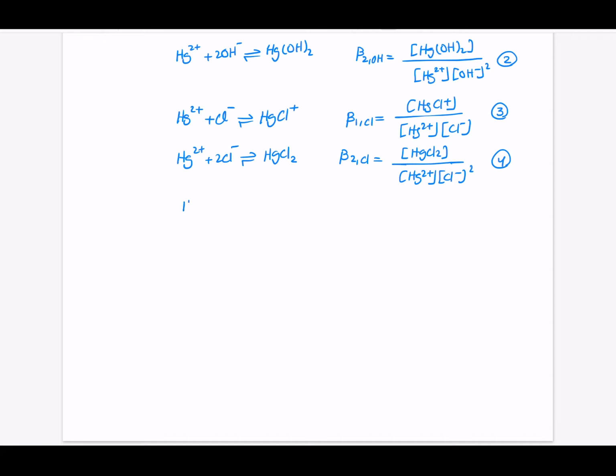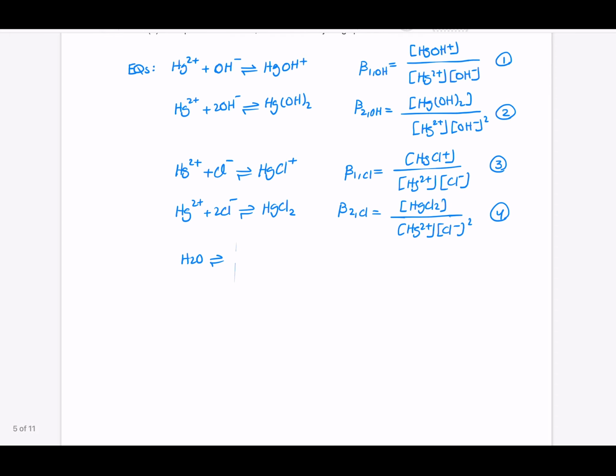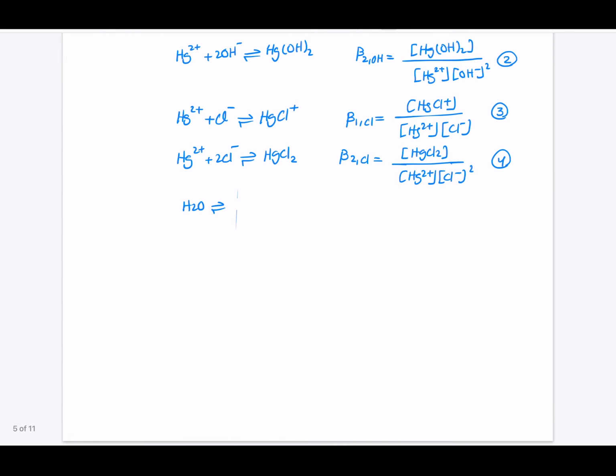So water dissociation, H2O goes to H plus plus OH minus. And KW is basically representing this reaction. So now we have all the possible reactions that could introduce species to the system.